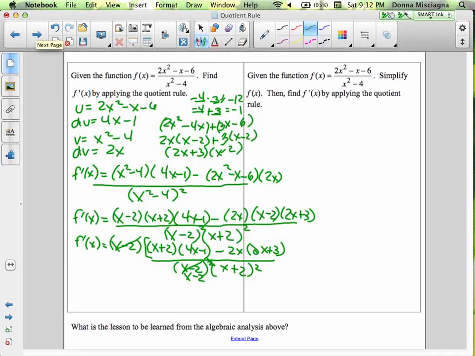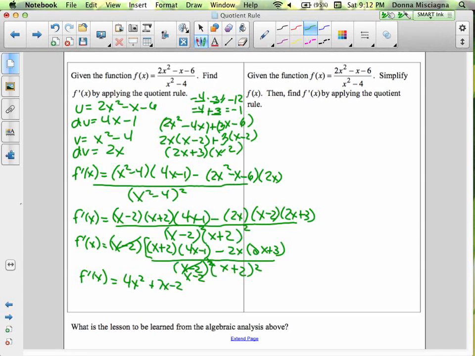We have to give ourselves more space. f prime of x is equal to, now I'll have to distribute, but it's still a little bit less. 4x squared, and then minus x, and then plus 8x, so that's going to be a plus 7x.